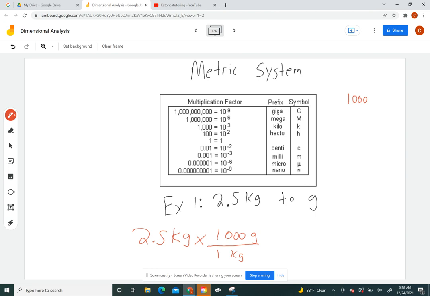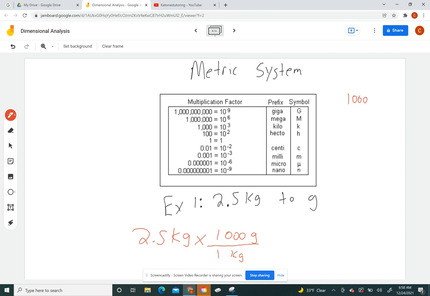Because remember, this is a conversion factor. We are converting our current value to a value that is the same but in a different unit. So obviously, if my kilograms are here, then I should have a lot more technically with grams, because there's more grams in a kilogram.